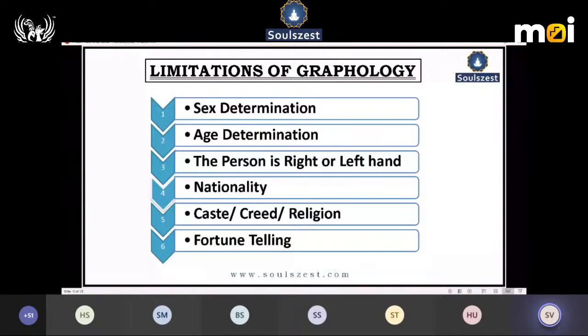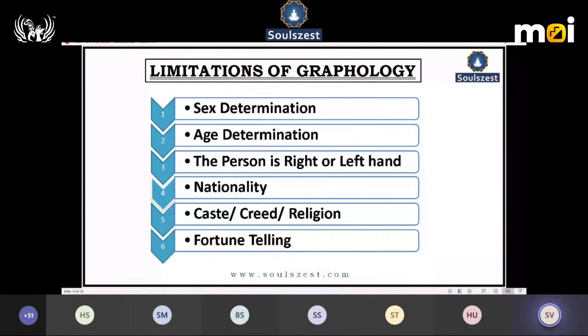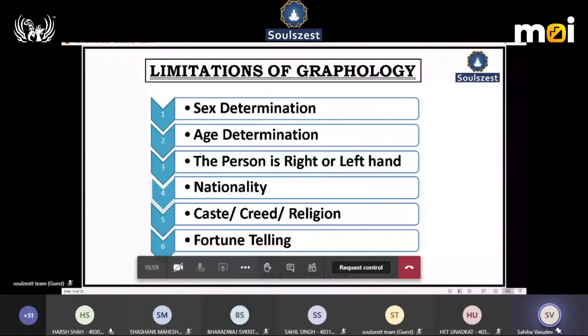Next is fortune telling. A lot of people have this misconception that through graphology we can tell fortunes. अरे मेरी handwriting देख के बताना यार मेरा आगे 5 साल में पैसा आएगा कि नहीं आएगा. It's interesting that astrologers, numerologists, and tarot card readers do study graphology to make their analysis even more perfect.